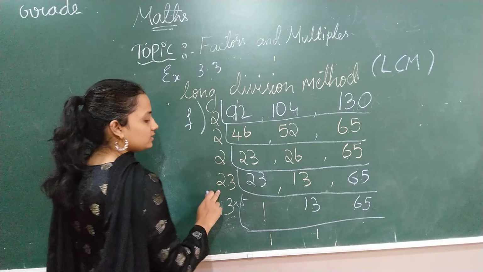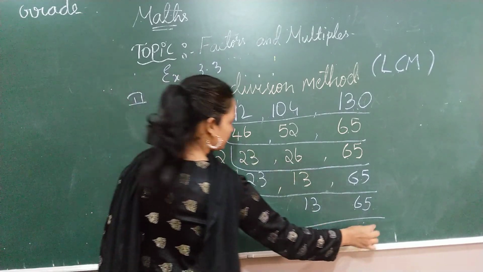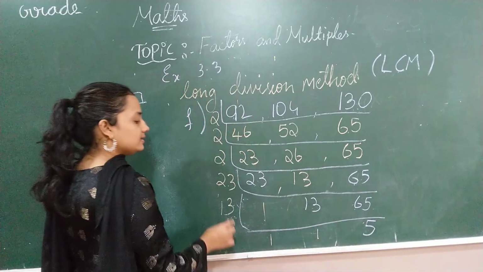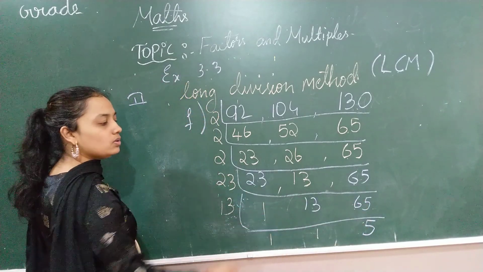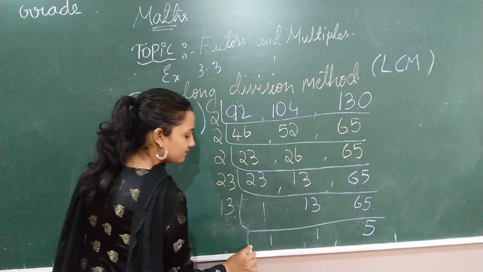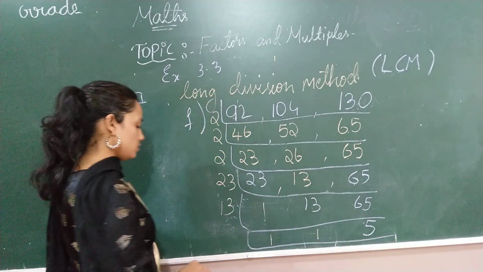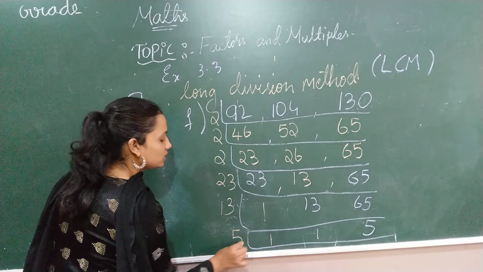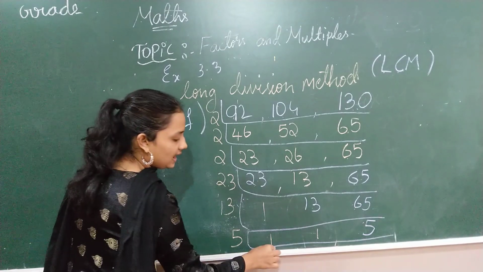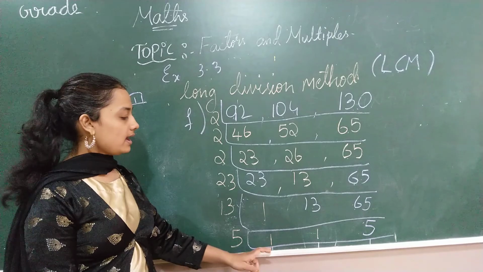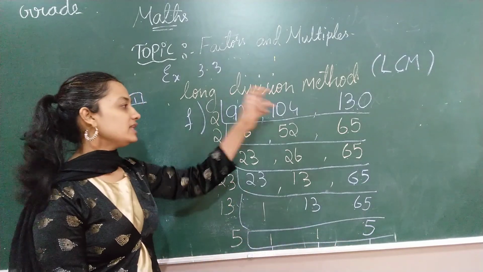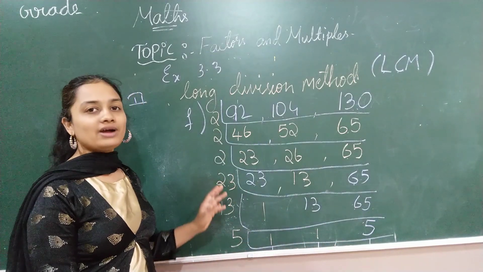Yeah, I get it. So in 13 you can divide 65, that is with 5. 13 5s are 65. Okay, now the only leftover number is 5. So in the last I am going to divide this with 5. So finally I get 1, 1, 1. I don't have space. I get 1, 1, 1 for all the 3 numbers which I have divided.